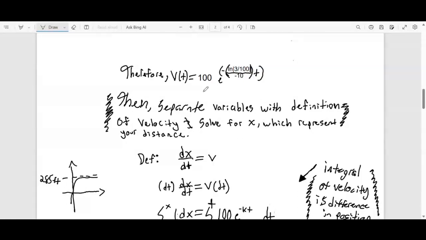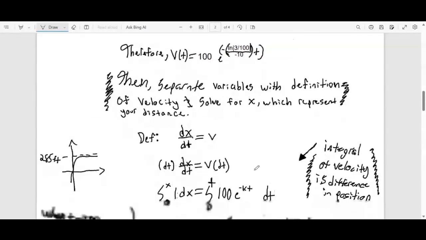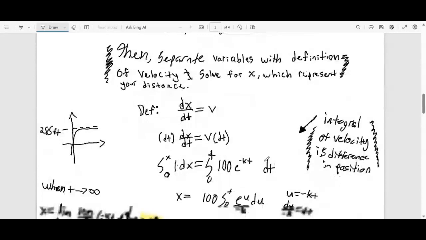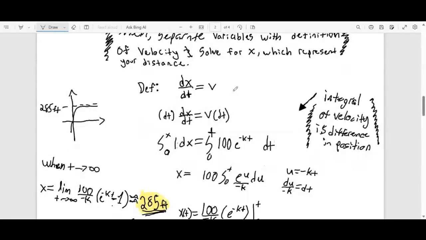So we have our velocity is equal to this, but we don't want this. We want the distance, but this is going to help us as we go on. So dx over dt is equal to our velocity. That's the definition of velocity. If you multiply both sides by dt, you get just dx on the left side, and on the right side it's just v dt.